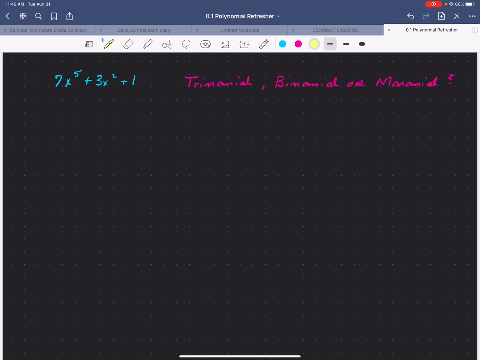All right, so this one has 3 terms. 1, 2, 3. Three things that are added together, making it a trinomial.